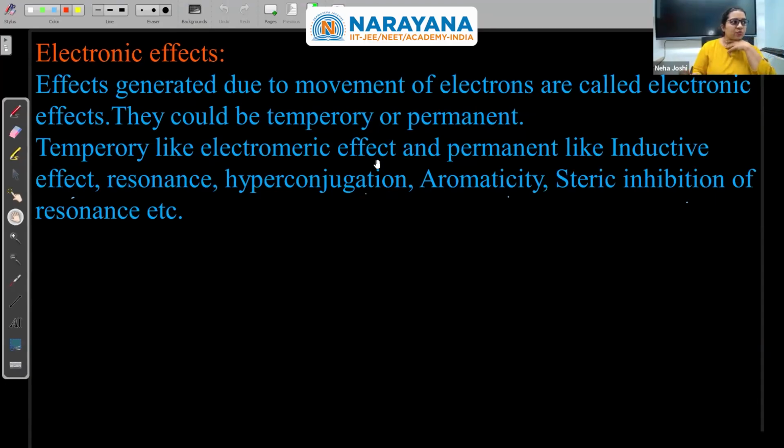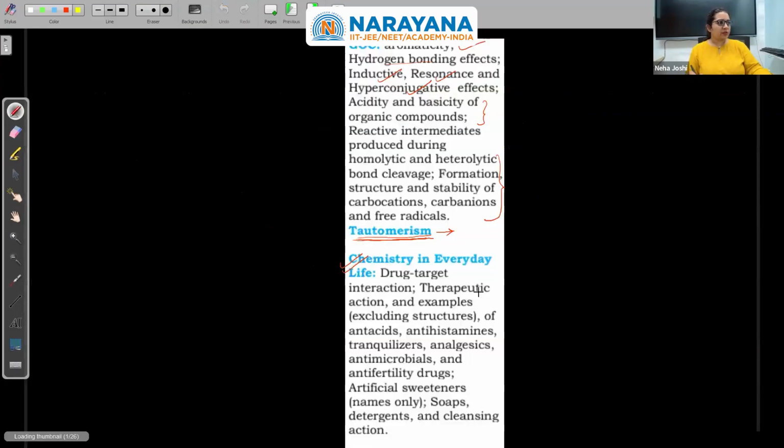If I talk of electromeric effect, though I will also cover, but will strongly recommend you to read for electromeric effect because the best and the only source for this is NCERT 11th Basic Concepts chapter. Please read it, and there is something which can be converted as such into any type of objective question that we can expect in mains or advance.